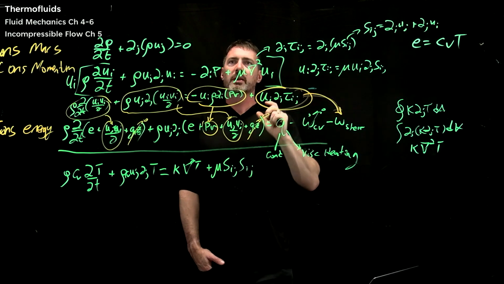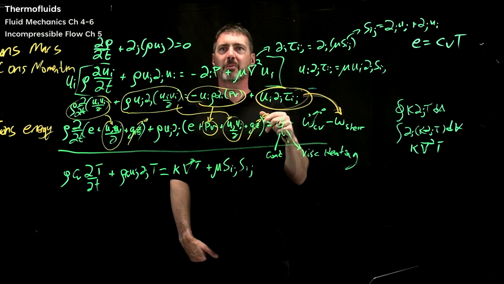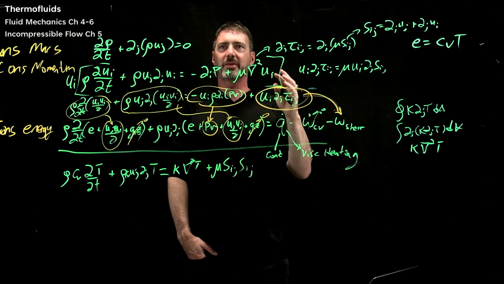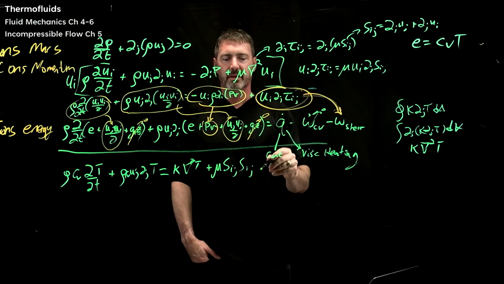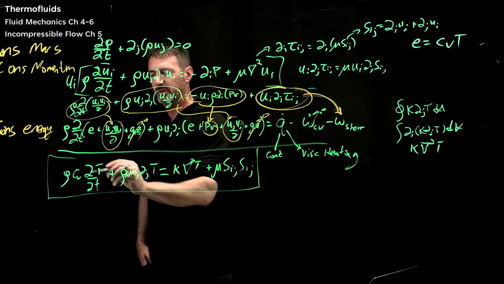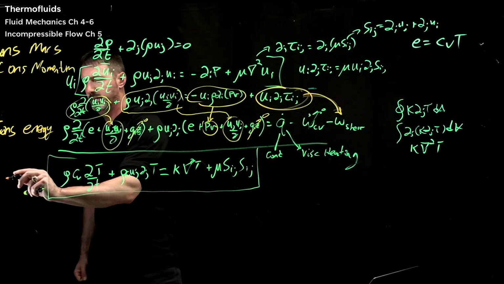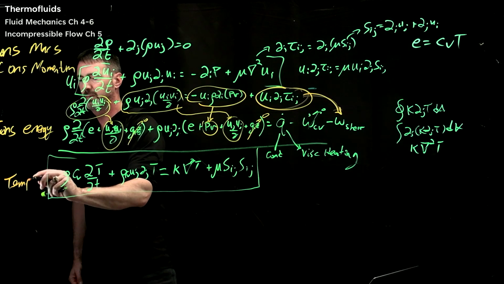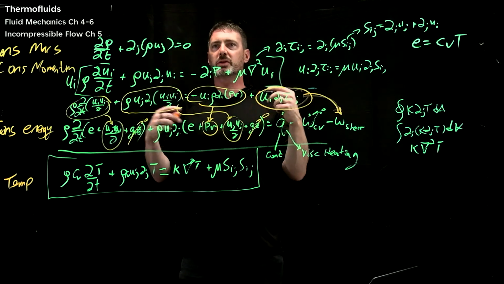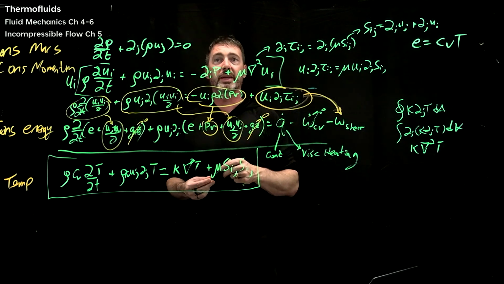So what you end up having here, and I know I wrote right where my face is, I'll stand on my toes so you can hear the punchline. This is your temperature equation. Now, we wouldn't call it a conservation of temperature. This is just the differential equation for heat.